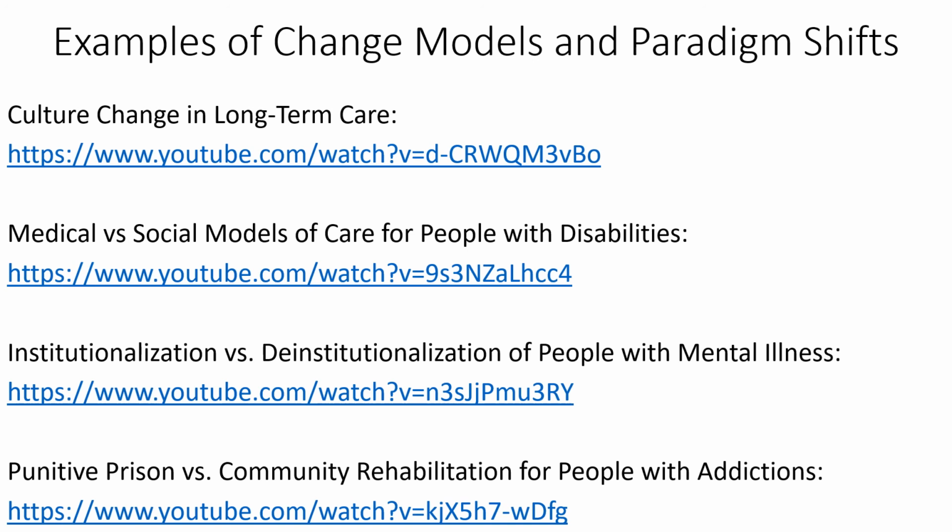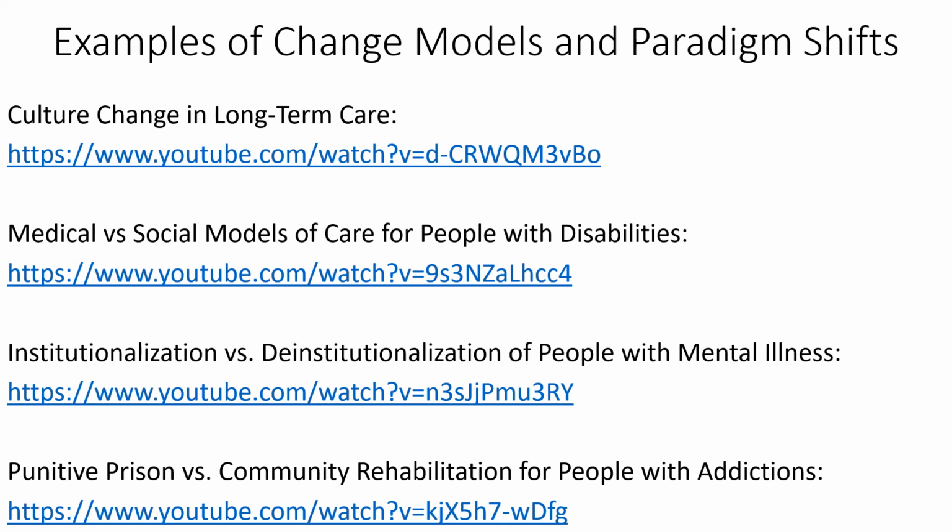So there has been major efforts to provide more community-based rehabilitation and treatment for people with addictions, rather than promoting punitive imprisonment for people with addictions. So those are just some examples of paradigm shifts or social change models that are in effect as we speak and are being pushed through.